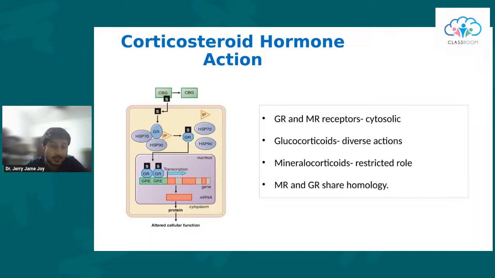The next step is the translocation into the nucleus. So the cortisol and glucocorticoid receptor complex enters the nucleus, and there the next step is it binds to specific gene sequences. Usually it binds to glucocorticoid response elements, and after binding to that, it either goes to transcription or to repression of the gene.